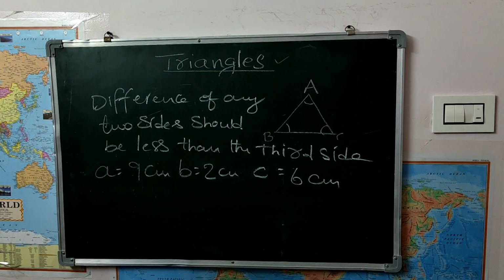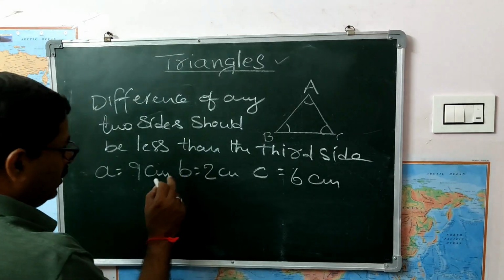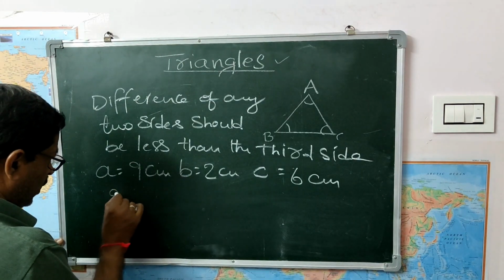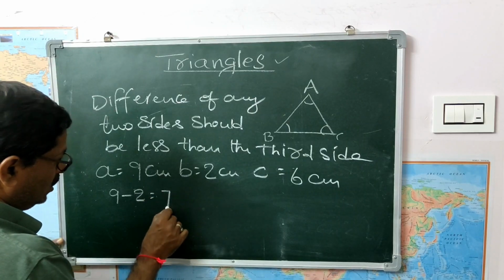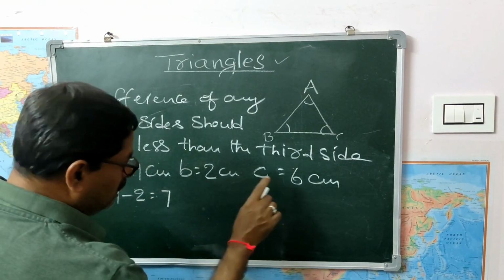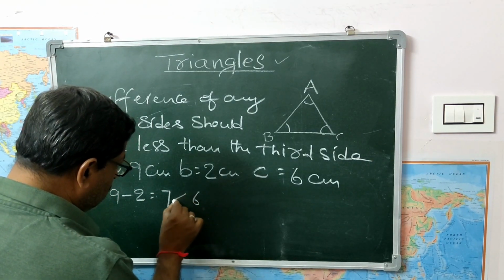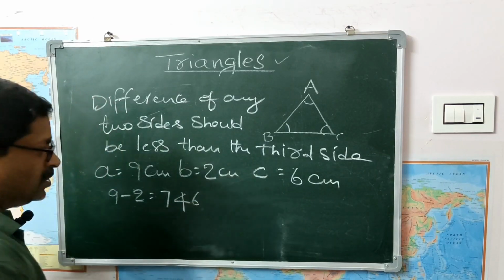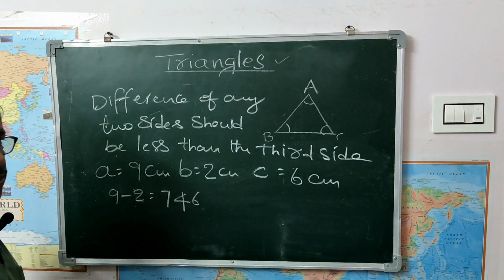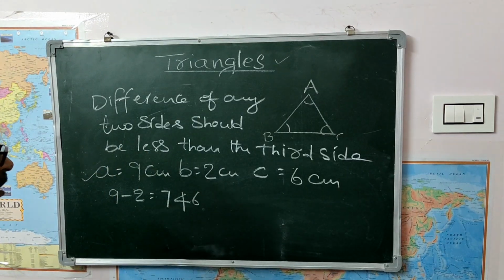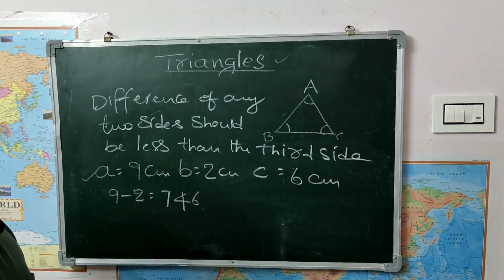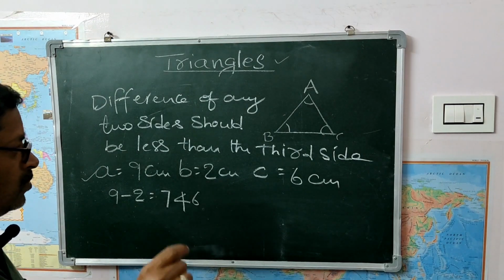In this example, let us take the difference between the two sides, A and B. What is A? 9. B is 2. 9 minus 2 is 7. Is it less than 6? Check. This is not less than 6. In fact, it is greater than 6. That means the set of measurements given here cannot form a triangle. So this is what you must know.